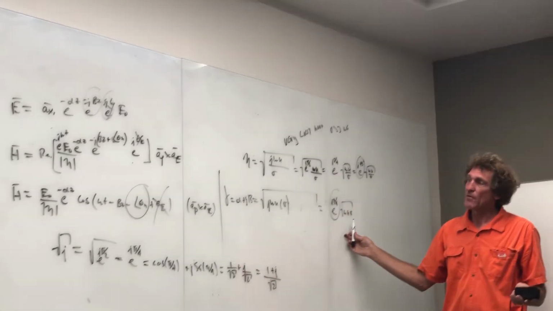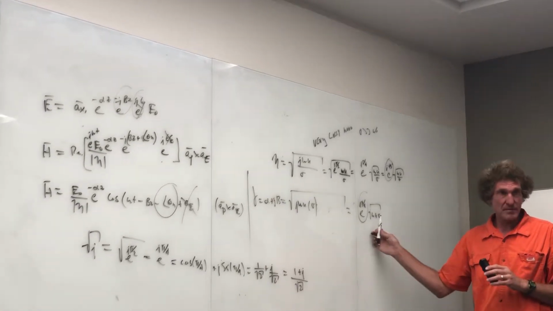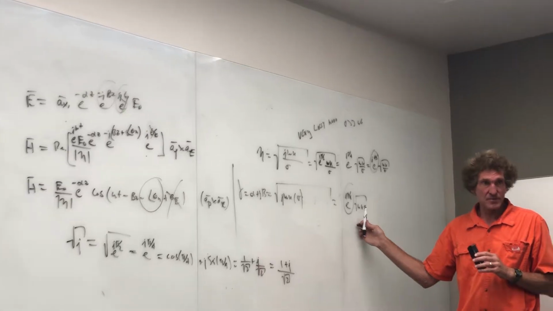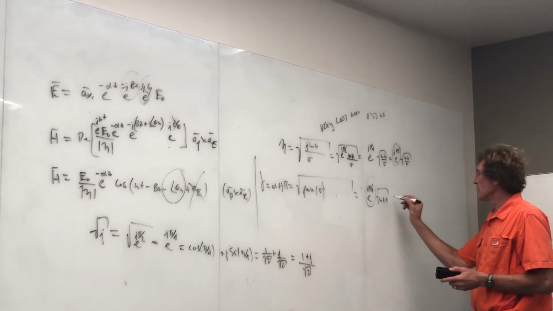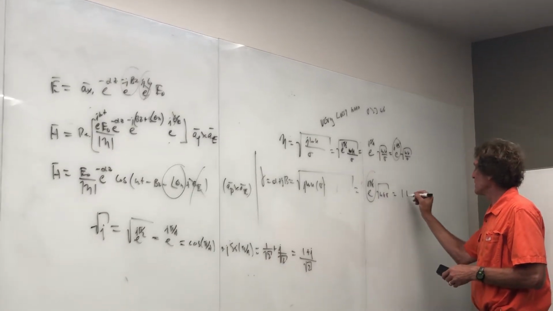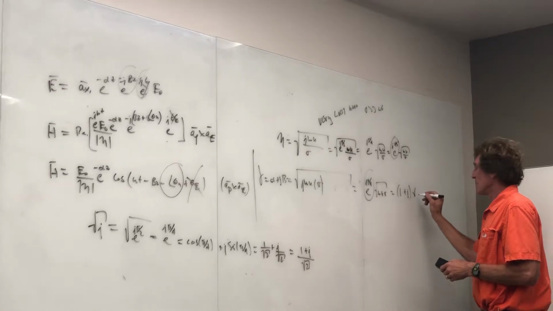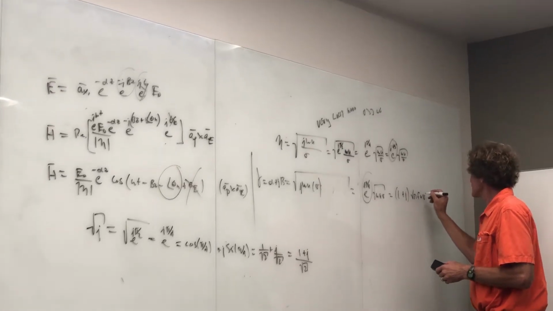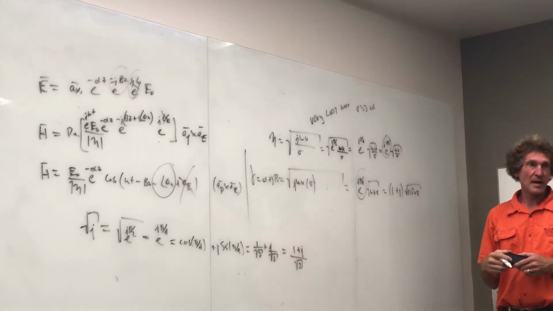So when you have gamma, you're going to have alpha equal to beta if it's very lossy. Do you follow me on this? As a matter of fact, if you put in 1 plus j over the square root of 2 here, then you get really 1 plus j, and it's going to be equal to the square root of pi f mu sigma, because omega is really 2 pi f, right?